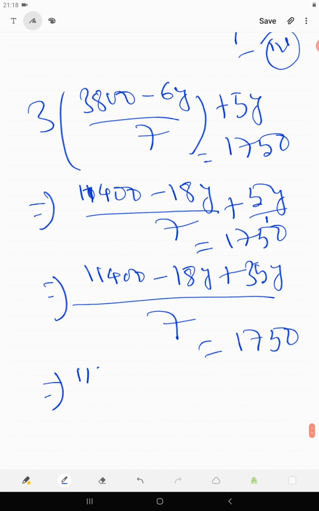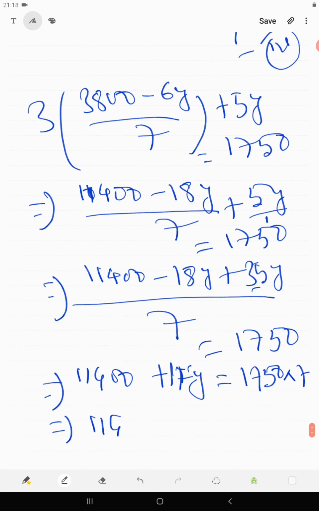So 11400 minus 18y plus 35y. See over here, bigger is 35, so the sign will be plus. Now 35 minus 18 is 17, so plus 17y equals, now 7 is divisible, so it will go and multiply with the right side.